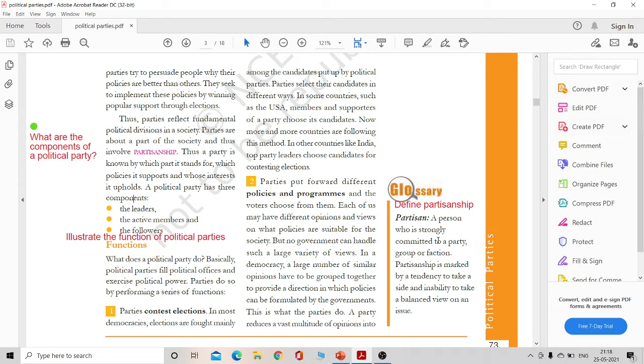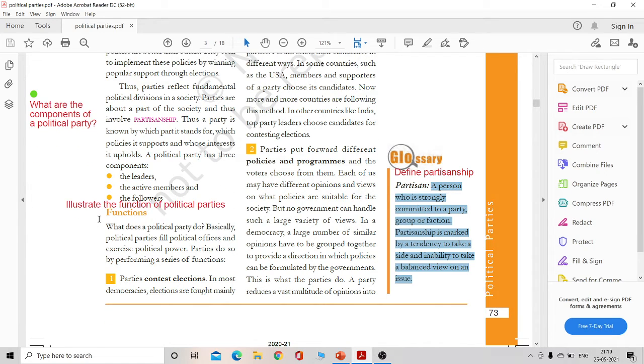There tends to be a bias. So this act of a person who's strongly committed to a party group or faction based on the ideology that the party and he himself believes in is called partisanship. You can simply take this glossary definition, and that would be sufficient to answer the question define partisanship.